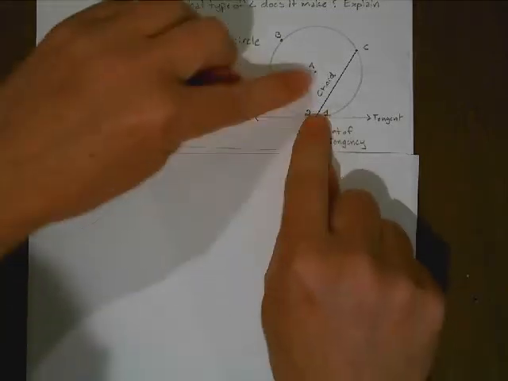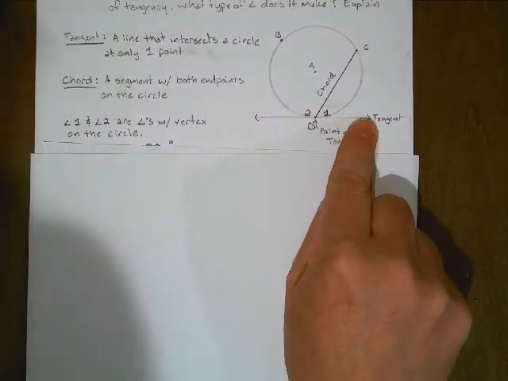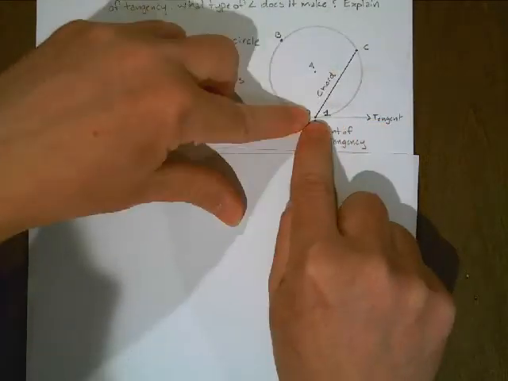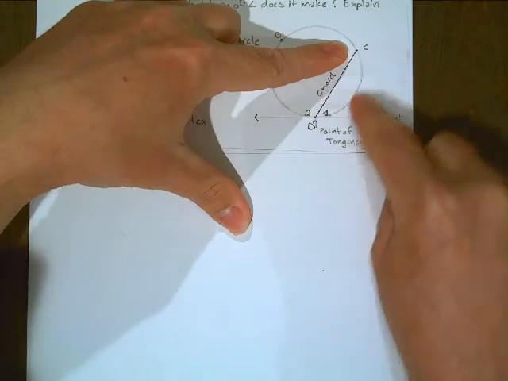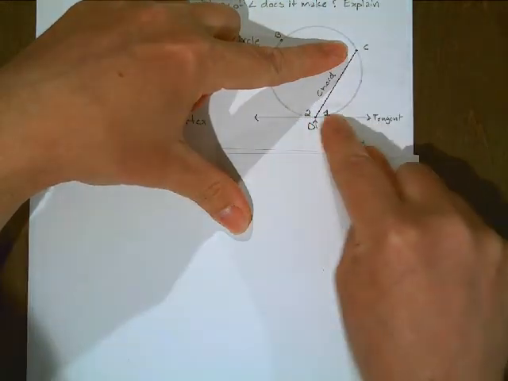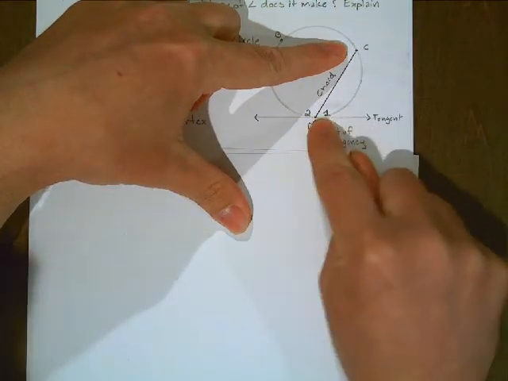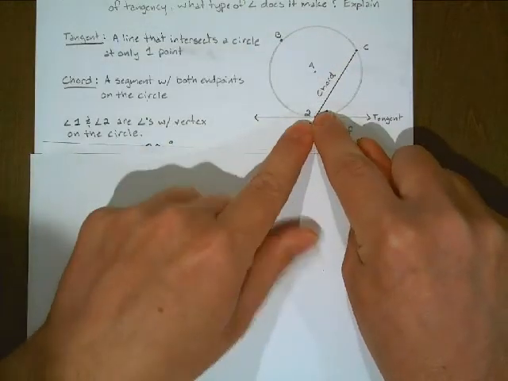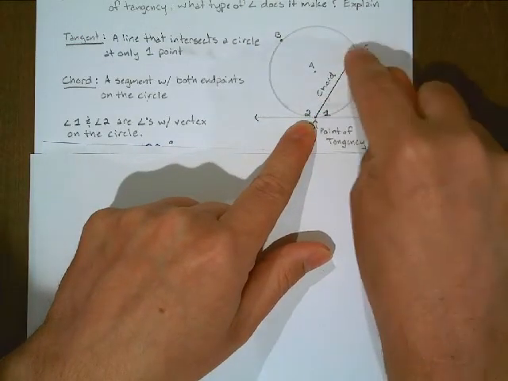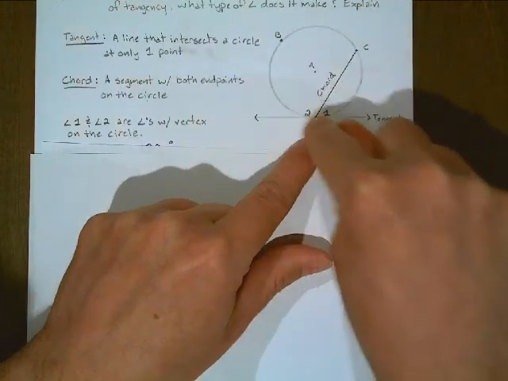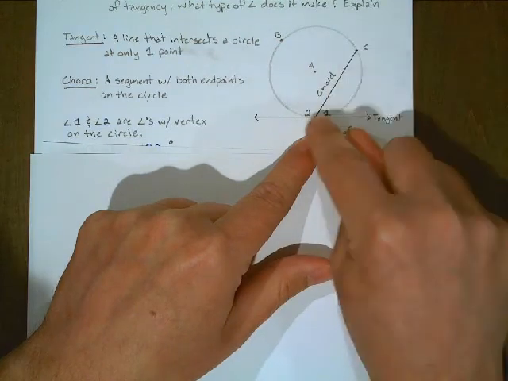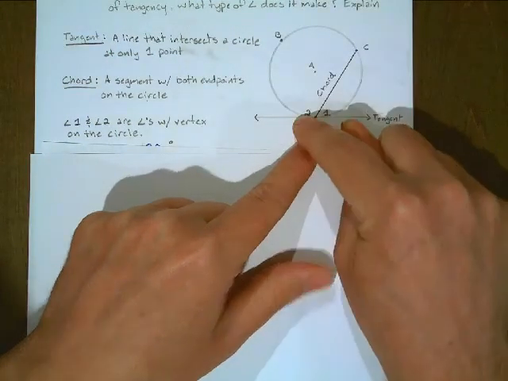So let's look at angle 1. All right, so angle 1, it's over here. The arc that it intercepts is D to C. So angle 1 would have to be half of that arc. Here's angle 2. What arc is it intercepting? Well, inside of here, we've got a major arc, DBC. So angle 2 would be half of that arc.